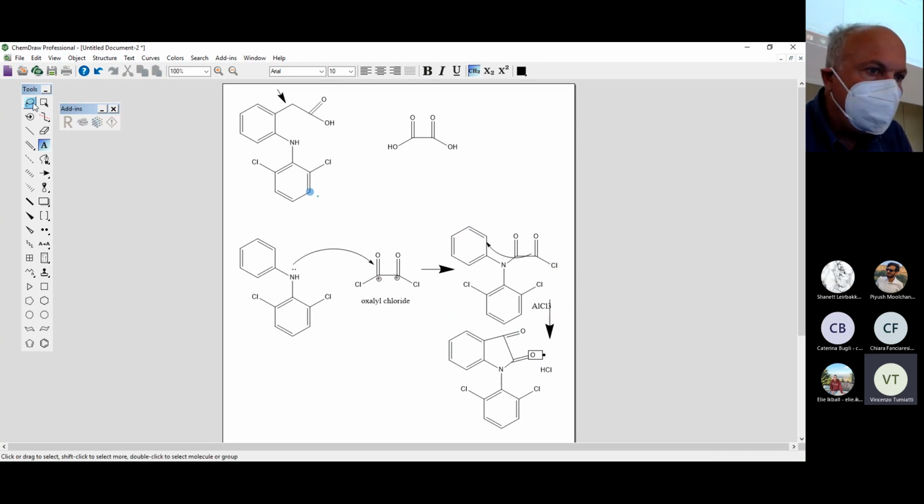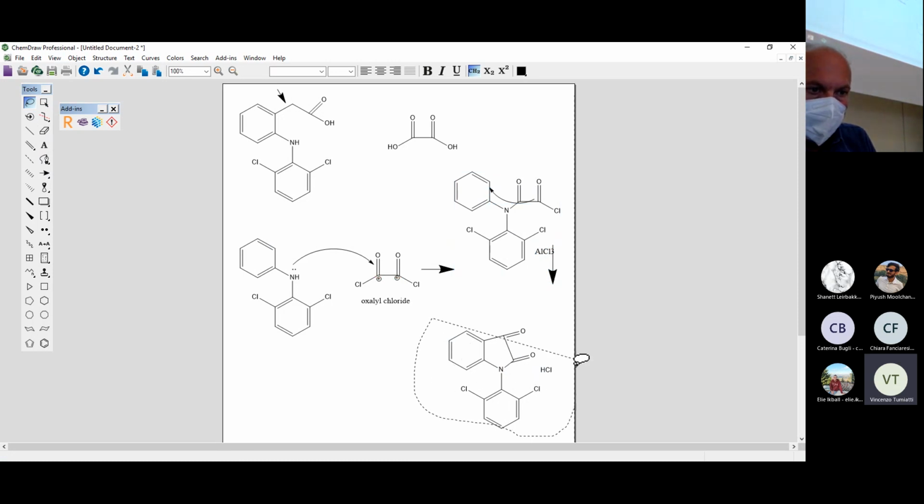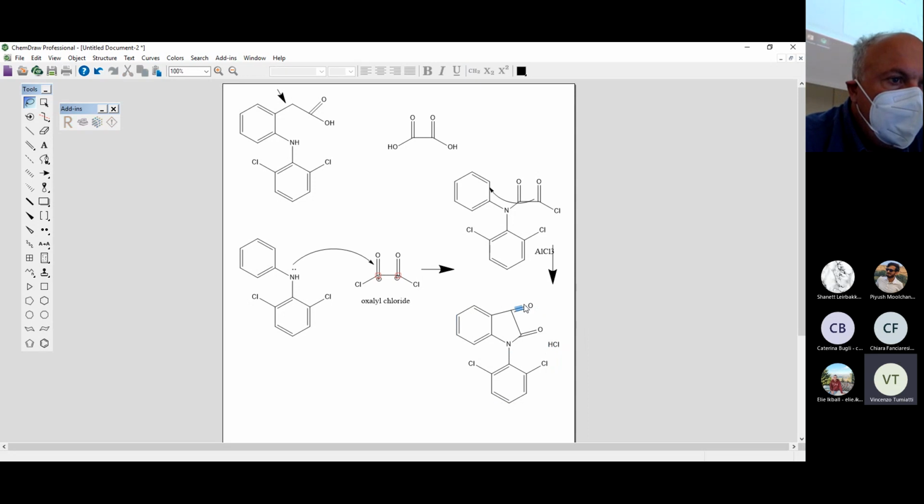If you see, we have the ring closure with the formation of this dicarbonyl 5-member ring. We have two carbonyls, but they are different.